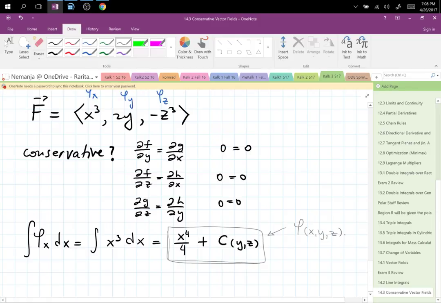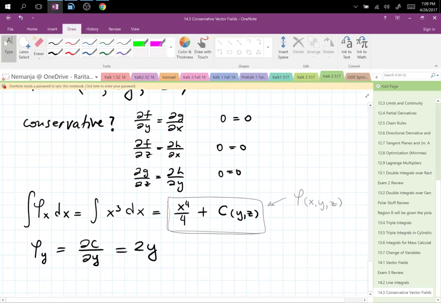Now I'm going to differentiate that one with respect to, let's say, y. And if I differentiate that with respect to y, I'm going to get partial c, partial y, right? That's all I'm getting, because the derivative of x to the 4 over 4 is 0, since I'm differentiating with respect to y. And I am setting this to 2y, which is the next one. Now look what you're doing.